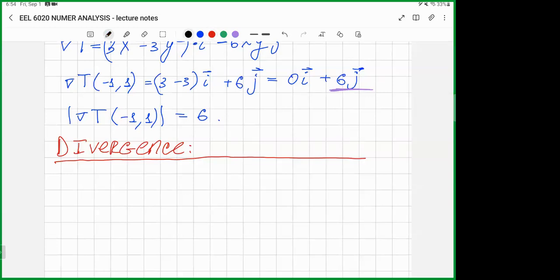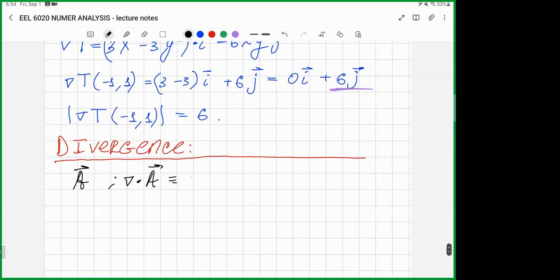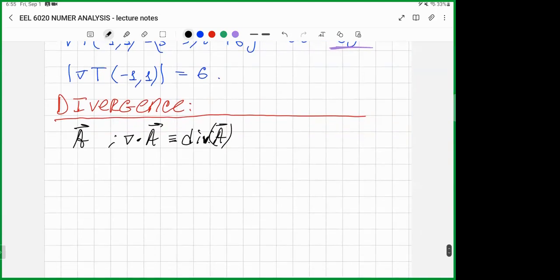So I have vector A, let's say, and the nabla operator applied to this vector A like this. So this is basically the divergence. It's sometimes also denoted by div A. This is basically the same.